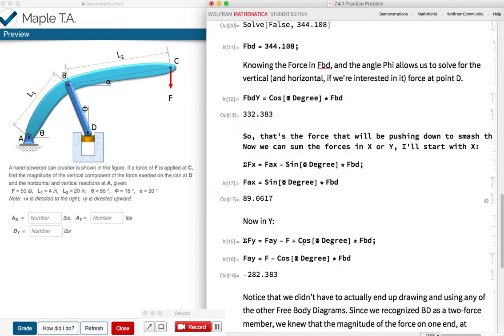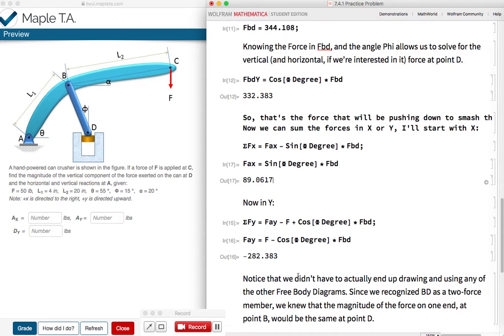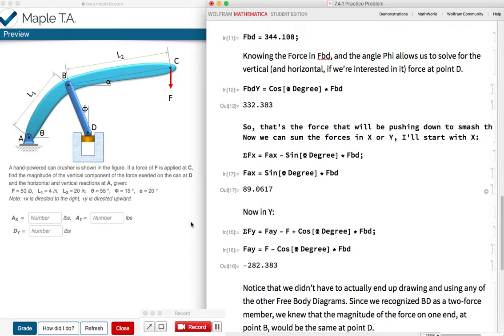And then we do something really similar in the Y. We just say sum of the forces in the Y is equal to FAY minus F plus cosine of phi times FBD, and then rearrange it, and we get it. So let's plug those in and make sure we got everything right.